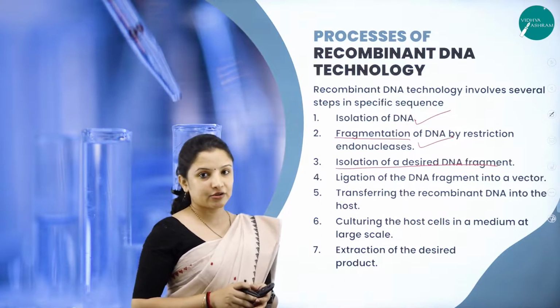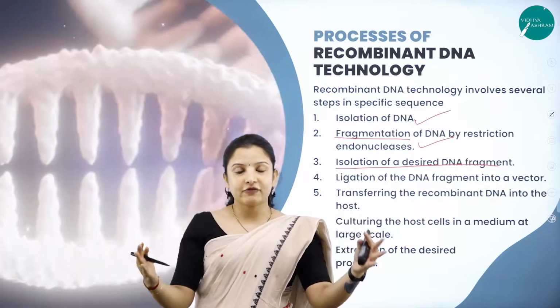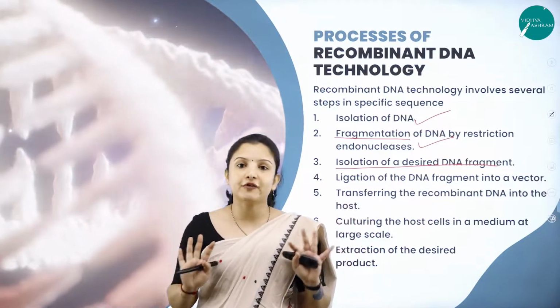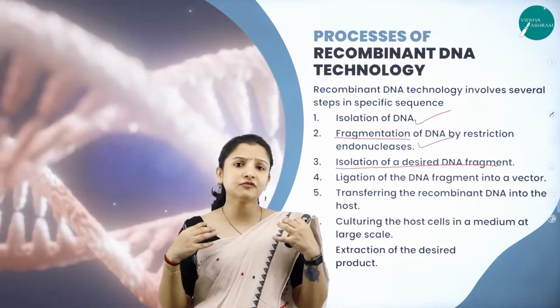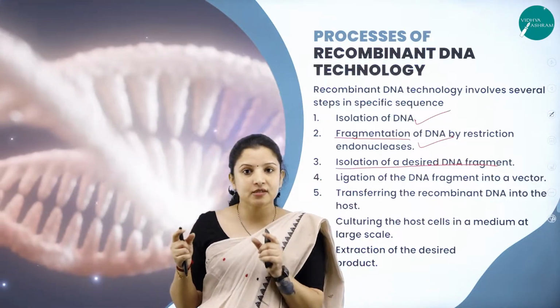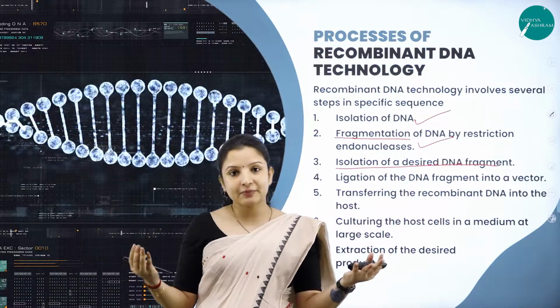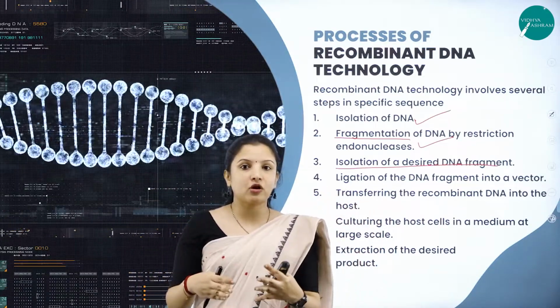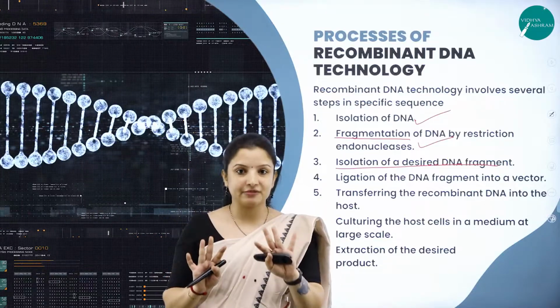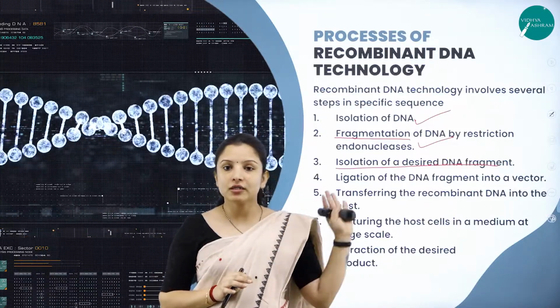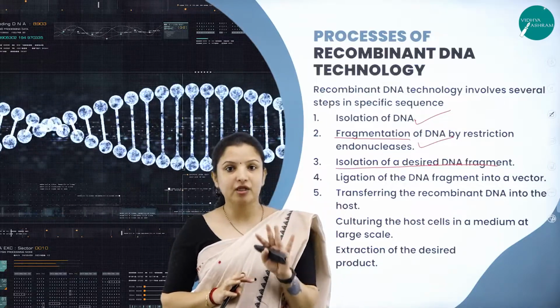So after isolating, say for example, you have isolated 5 fragments which have the genes of your interest. Those 5 fragments are now in bits, right? So can you use them separately? You will have to send them into the organism separately using vectors 5 times if you have to go in for the genetic modification of that particular organism.